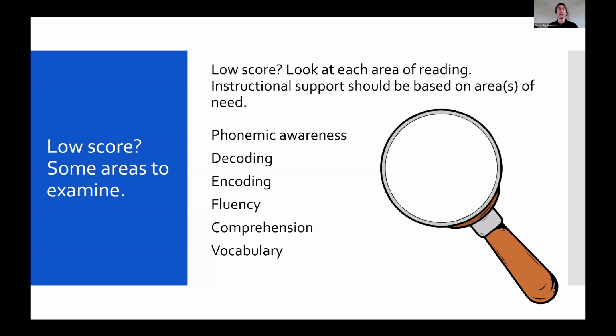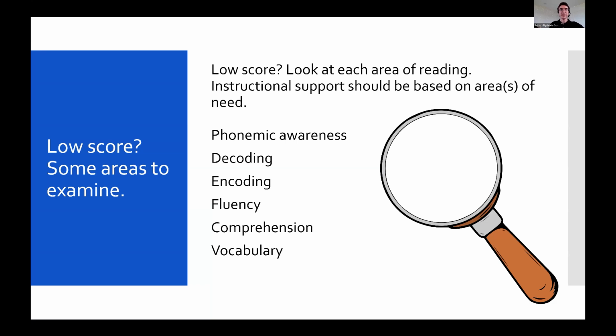And that's the first area to look at if they're having trouble with their scores. Also, you'll want to look at decoding skills, the ability to sound words out and to read words. You can also look at encoding, which is another term that we use for spelling, being able to put phonic sounds together to make words and syllables.